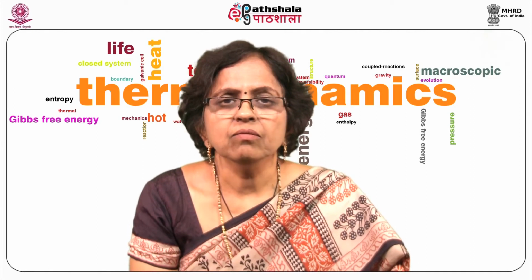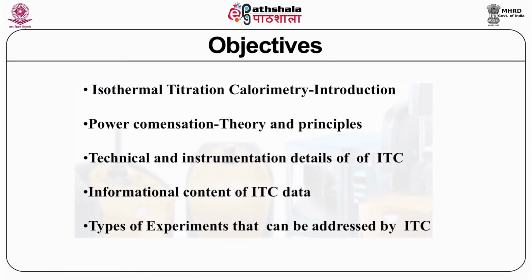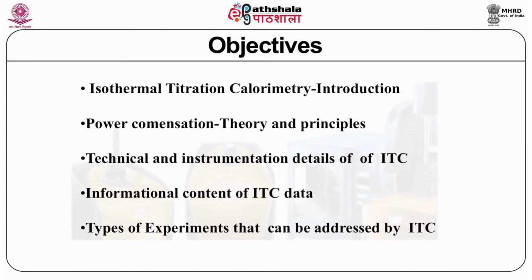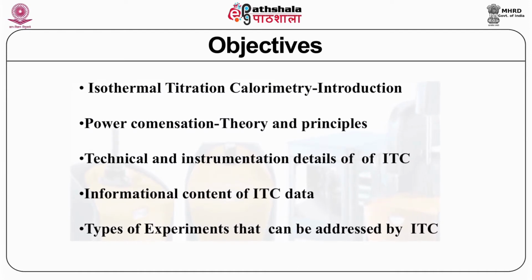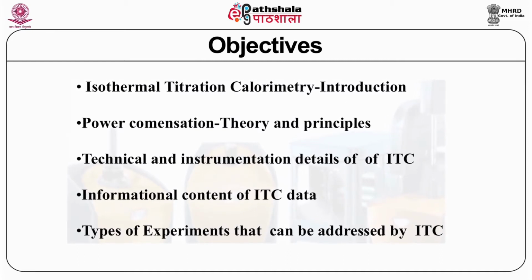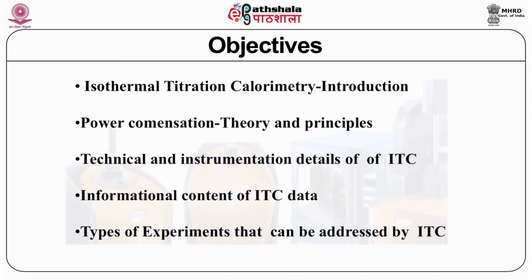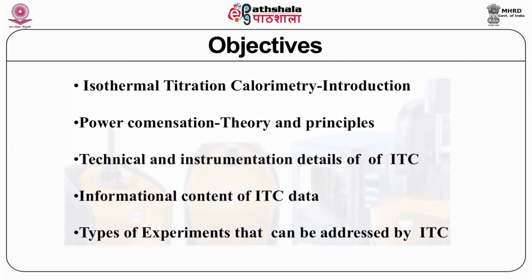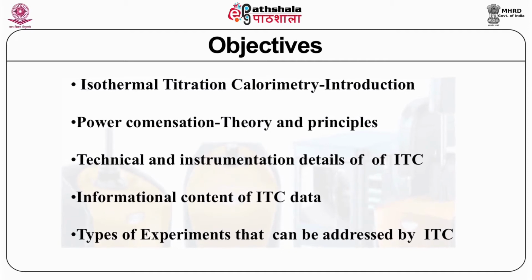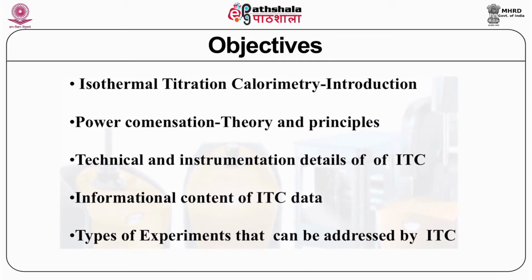With this background, the objectives of this module are laid out. First, what is isothermal calorimetry, I will give an introduction. Then power compensation: when you are measuring an isothermal change, keeping the temperature constant, you need to give a power compensation. What is the theory and principle, and of course the technical and instrument details of how to do the experiment and how to analyze the data.